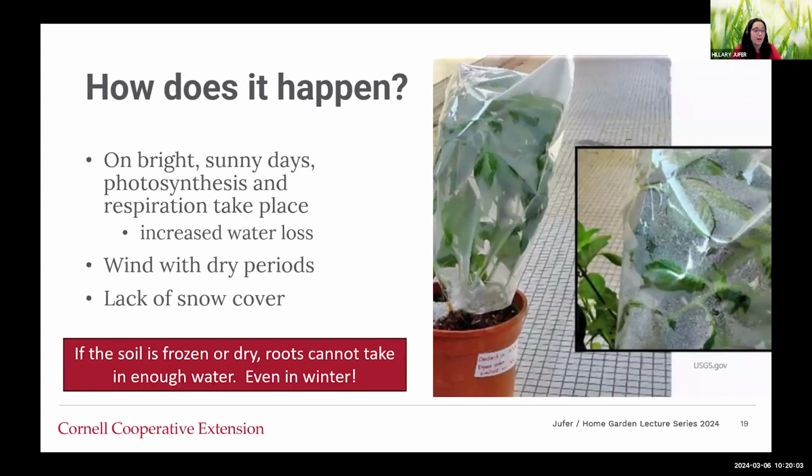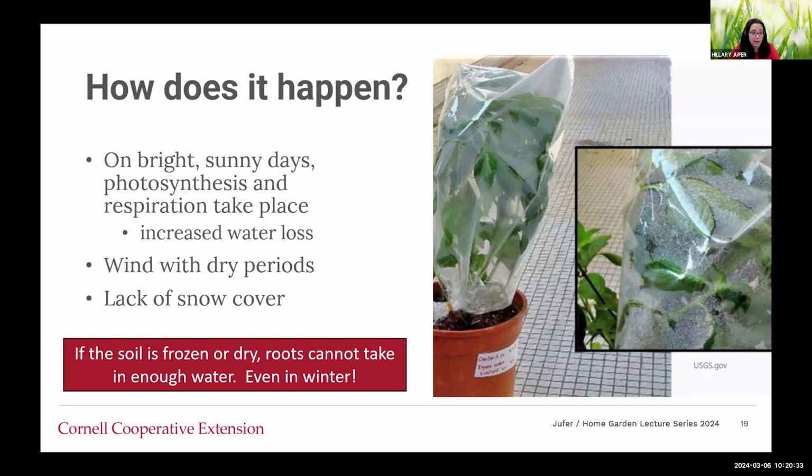So how does it happen? Bright sunny days, photosynthesis is taking place, respiration is taking place. So there's an increased water loss, even though it's the winter. Also, it can happen on windy days when it's been dry, and if there's a lack of snow cover, because the soil will freeze more deeply with a lack of snow cover, making moisture unavailable to be taken in by the trees and shrubs.